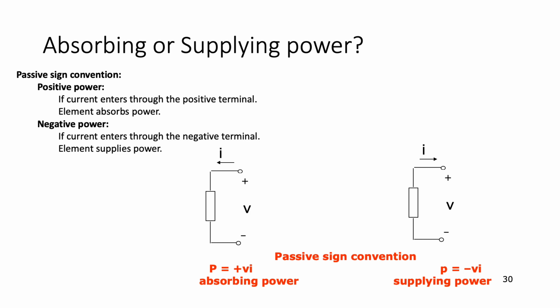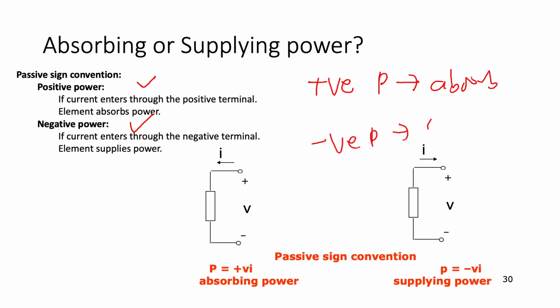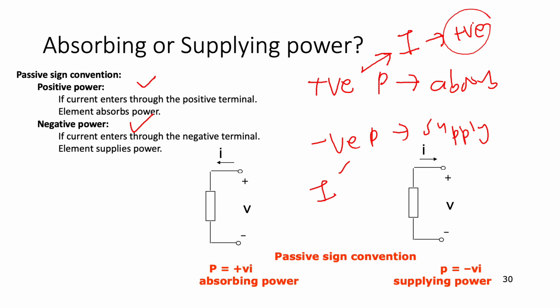So now let's see what is the difference between positive and negative power, how you're going to calculate. Positive power means absorb, negative power means supply. So how do you know this is positive or negative? If your current enters the positive terminal, the power is positive. For negative power, the current enters the negative terminal. So let's see this figure here. This is the polarity of your voltage. This is the direction of your current.